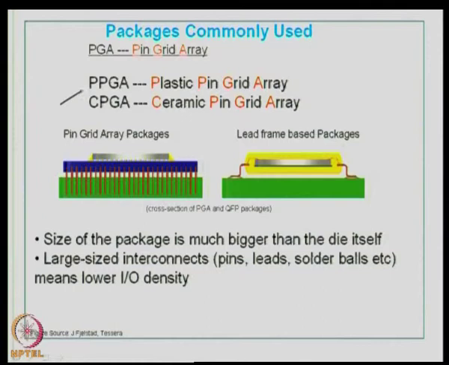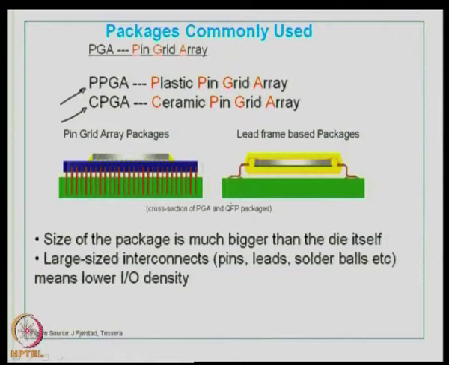So, basically we have plastic pin grid array, which means the substrate and the plastic encapsulation is very specific. So, there can be variants of the plastic that can be used. Then you have ceramic material, ceramic pin grid array.